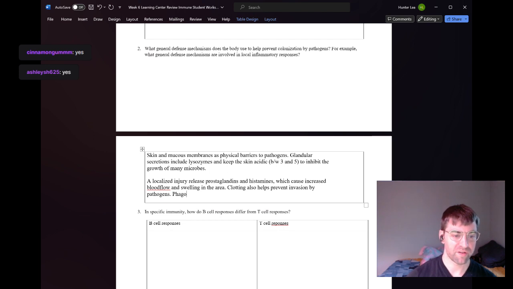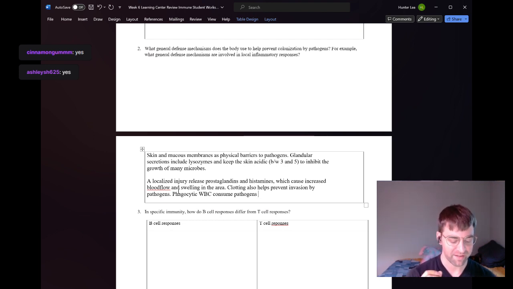We also have phagocytic white blood cells that move into the region and quickly consume pathogens that are present. And this is like an early line of defense to prevent colonization by harmful bacteria.